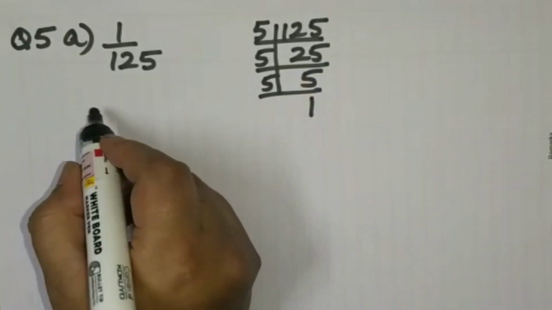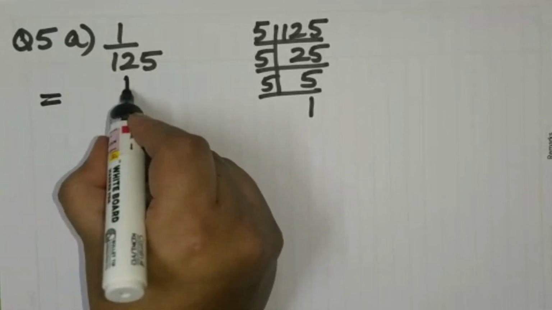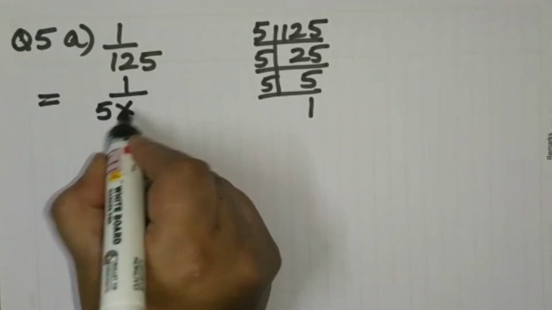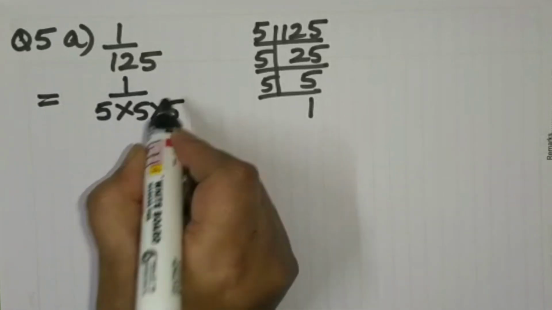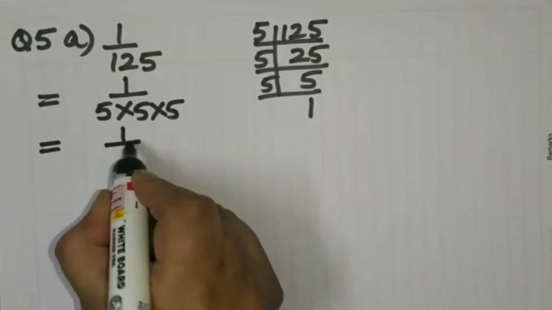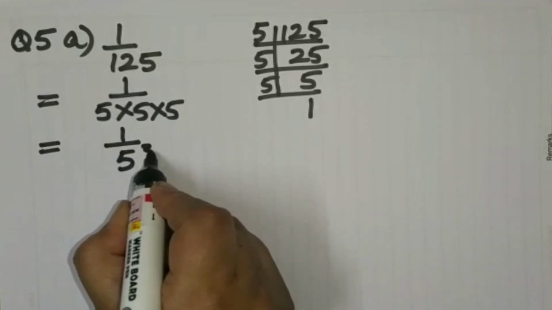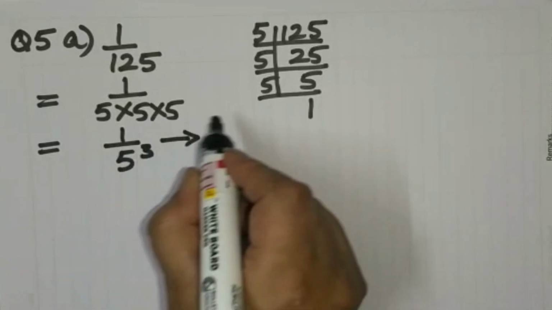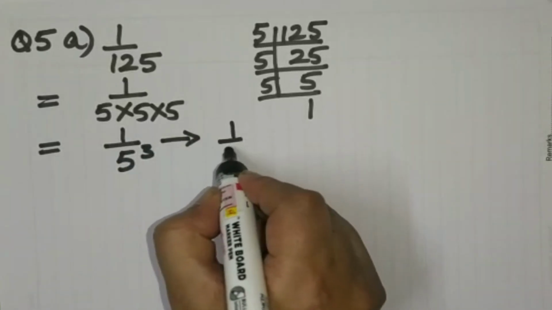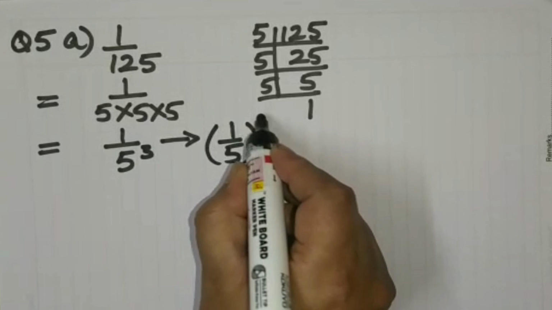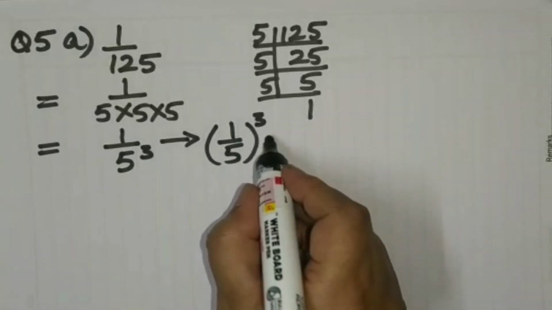Here 5 three times. It means 5 multiplied 5 multiplied 5. So 1 upon 5 raised to power 3. In short, when numerator is 1, we will write here 1 upon 5 raised to power 3. Answer.